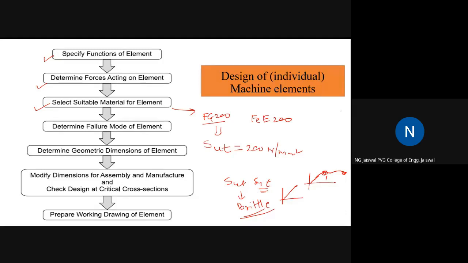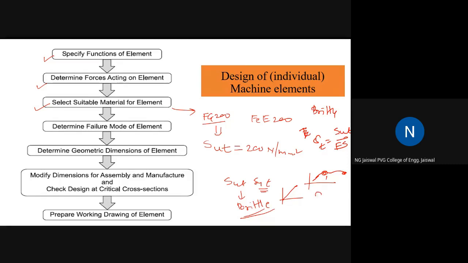Therefore, if it is a brittle material, you will say that permissible tensile stress is equal to SUT by factor of safety. This actually we are seeing when we discuss factor of safety.